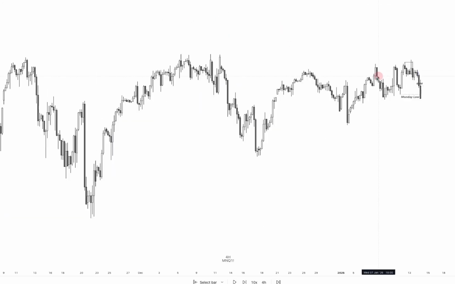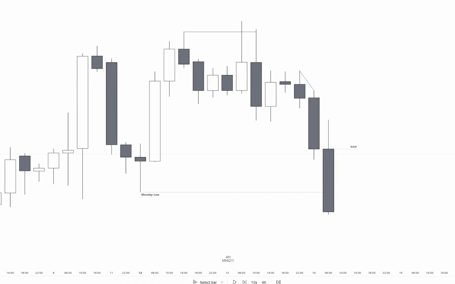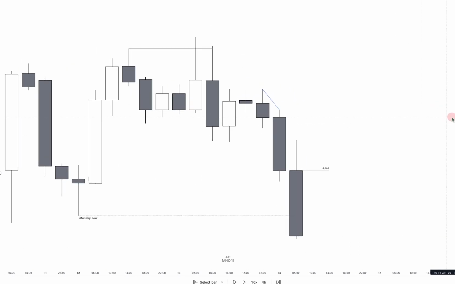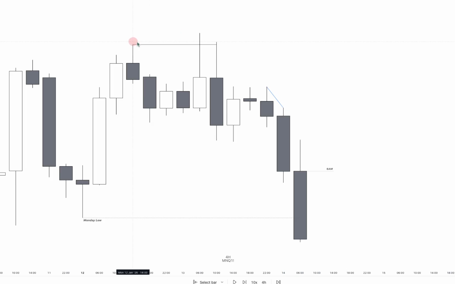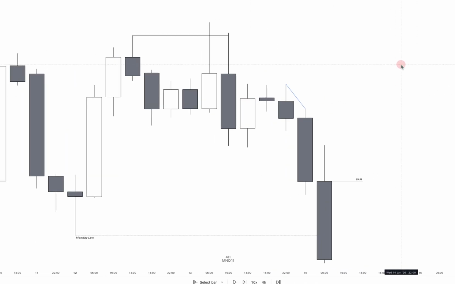And then we want to go down to the middle time frame, which for me is the 4-hour. As you can see here, we have a narrative. We just took the high. We closed below the candle that took the high, creating a change in state of delivery.